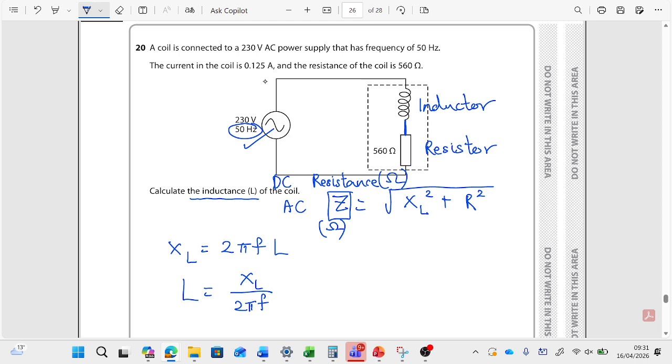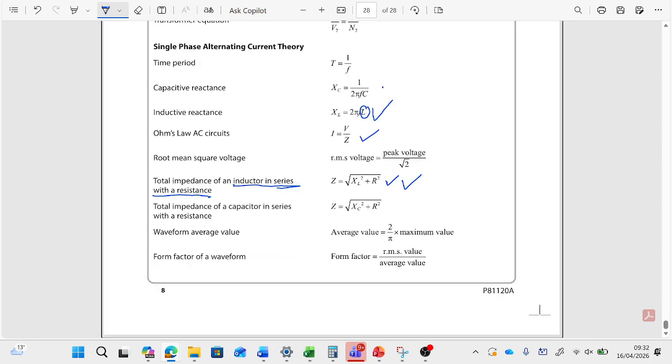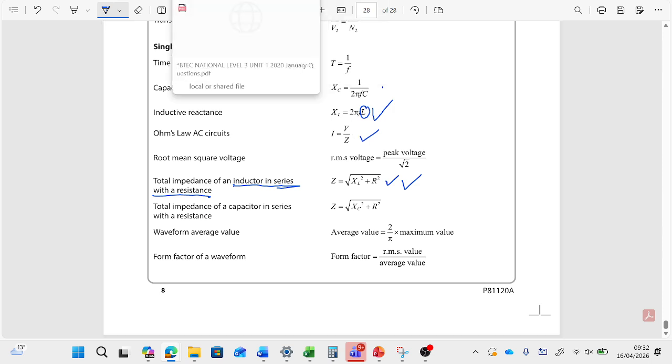Well, there are some numbers here I haven't used yet. For example, there's a current, 0.125 amp, and I have a voltage that I haven't used. Did I not see in the formula sheets that I equals V over Z? So let me jot this down.